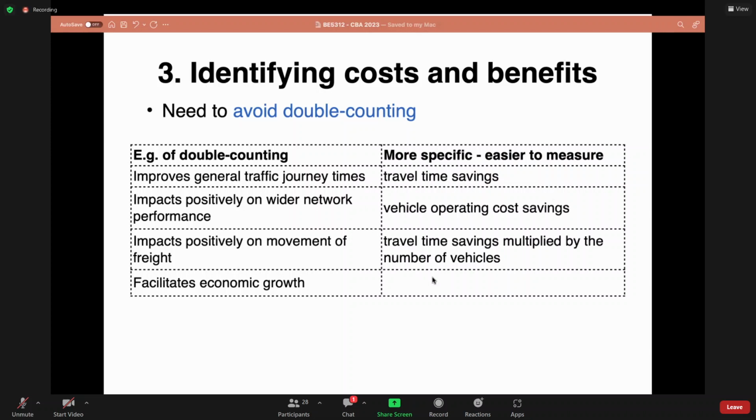So you can make your identified costs and benefits as specific as possible, identifying things like travel time savings and vehicle operating cost savings separately. It's then easier to measure.